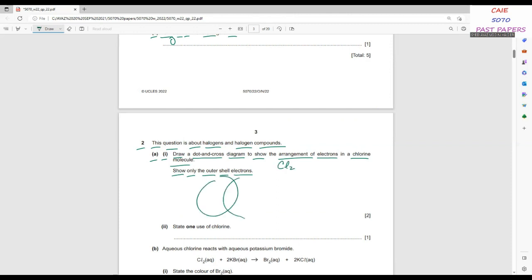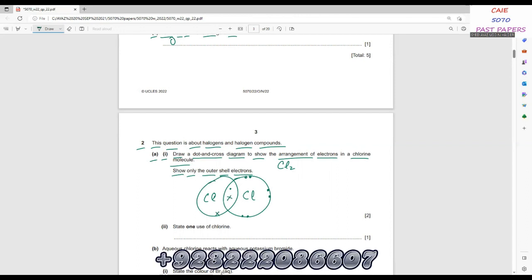So there will be two circles. Now I'm going to show the outer shell electrons for each chlorine atom. For right hand side, I'm using dot 1, 2, 3, 4, 5, 6, 7. The left hand side, I'm using cross 1, 2, 3, 4, 5, 6, 7.